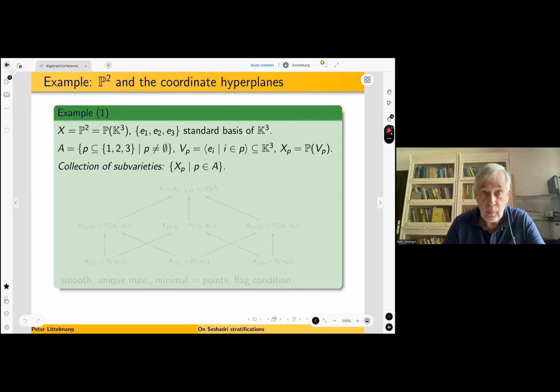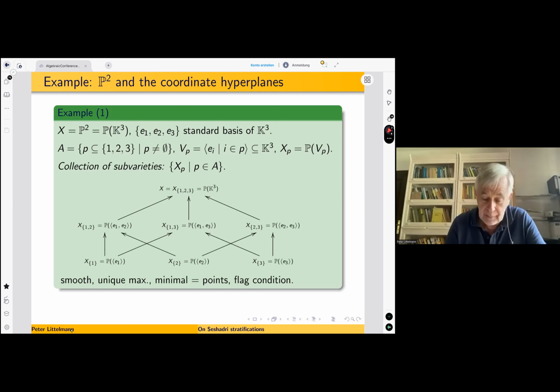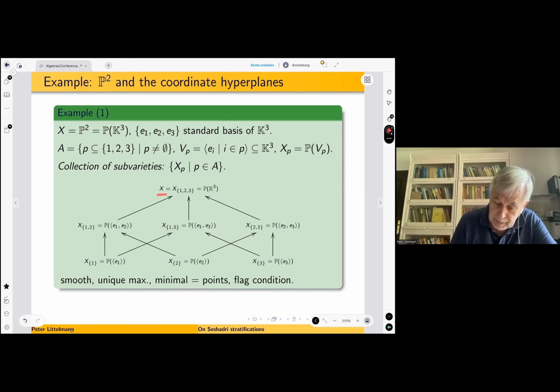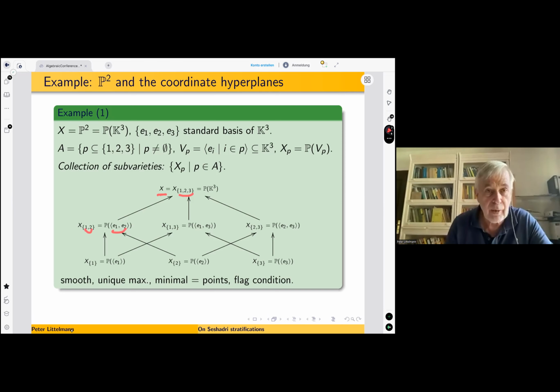So when I draw the Hasse diagram, I have here my variety X, which is just the P2. It's the subspace spanned by E1, E2, E3. So this is my full P2. Or I take a subset 1 and 2, then I take the corresponding basis vectors E1 and E2, I take the span of this, and then I take the projective space over this.